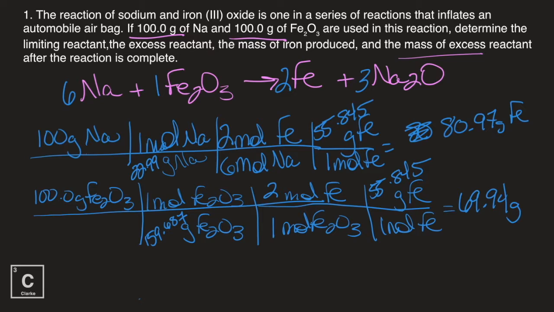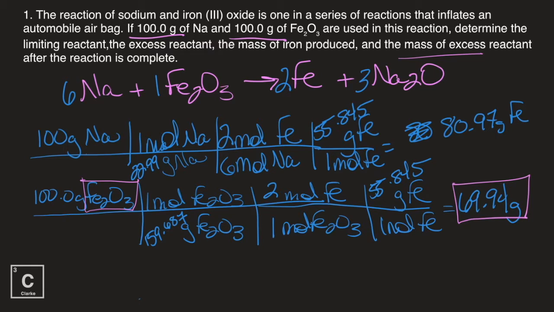So if we were to go into the lab, grab our 100 grams of sodium, grab our 100 grams of iron 3 oxide, throw it together, make a reaction, we will only be able to make 69.94 grams of iron.